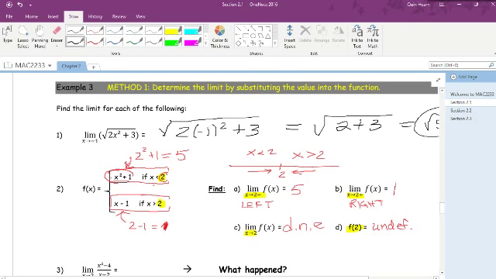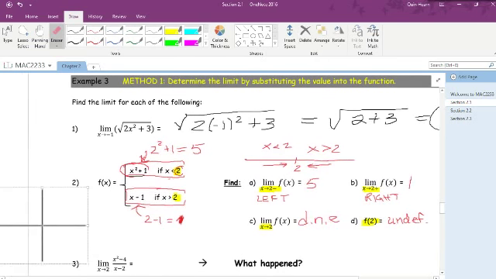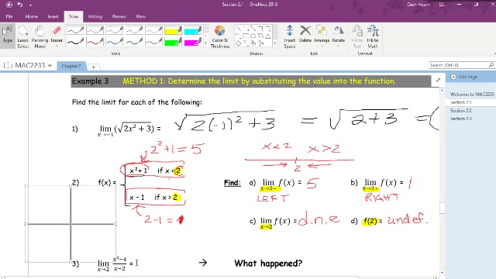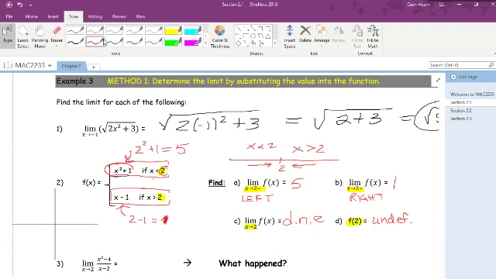That's a parabola, so I'm just going to draw a quick sketch here. x squared plus 1 is a parabola that starts at (0, 1), and it would look like this.